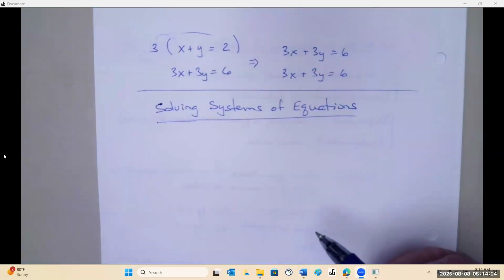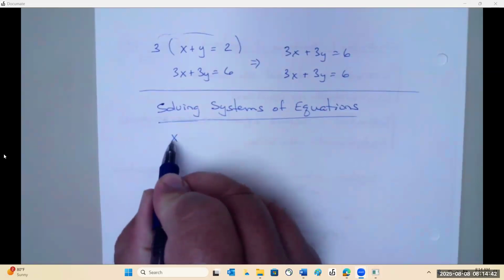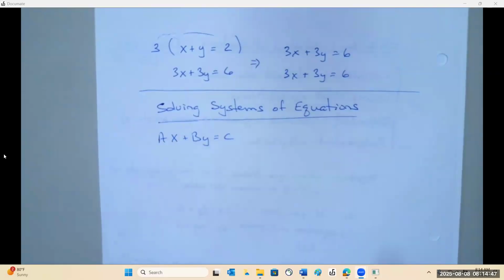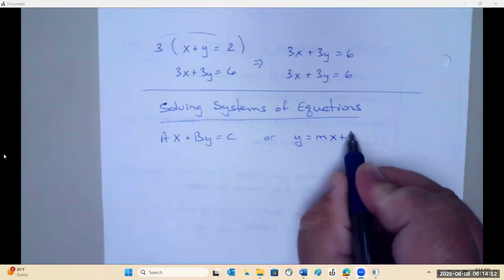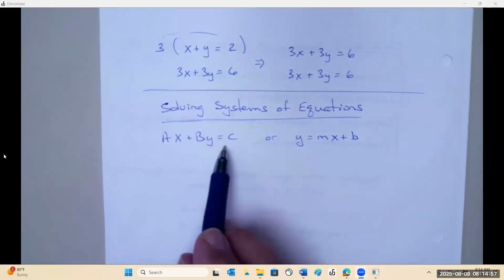In class today, we're only going to look at linear equations. What do linear equations look like? They're degree 1. So what does it look like? x plus a constant number. So we have ax plus by equals c. Or we're used to looking at them like this. What form is this called? General. No. Standard.